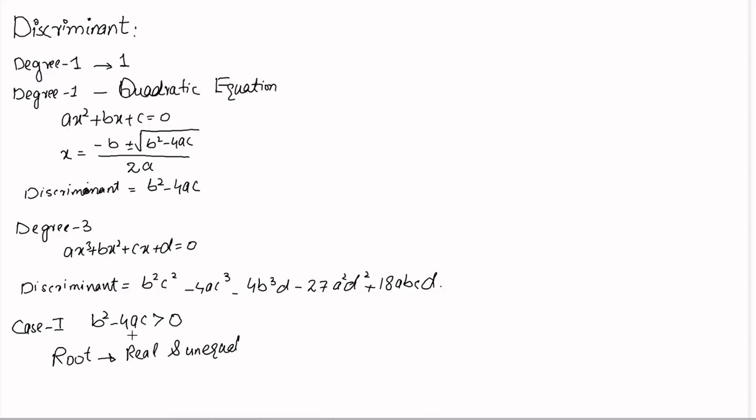If this b square minus 4ac is greater than 0 and it also happens to be a perfect square, then the roots, alongside real and unequal, will be rational. And if it is not a perfect square, then the roots will be real, unequal, and irrational.